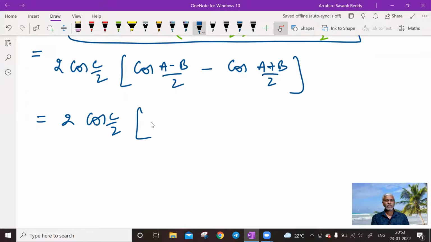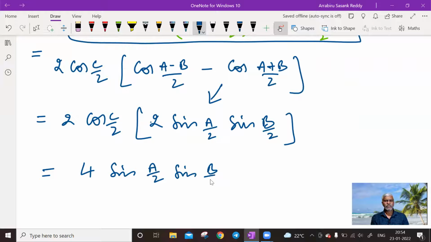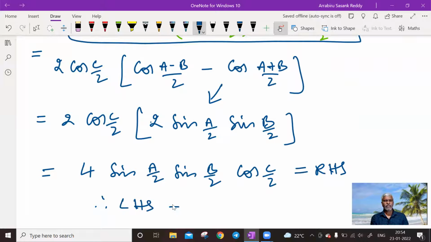So the bracket becomes 2 sin a by 2 sin b by 2, since the angles are a by 2 and b by 2. So 2 into 2 is 4 sin a by 2 sin b by 2 cos c by 2, this is RHS. LHS is equal to RHS, hence it is proved.